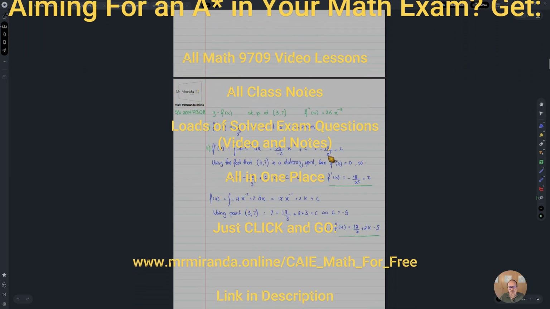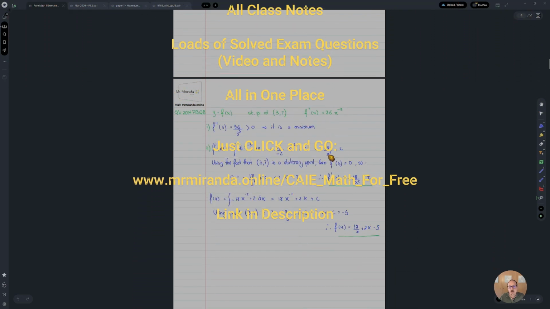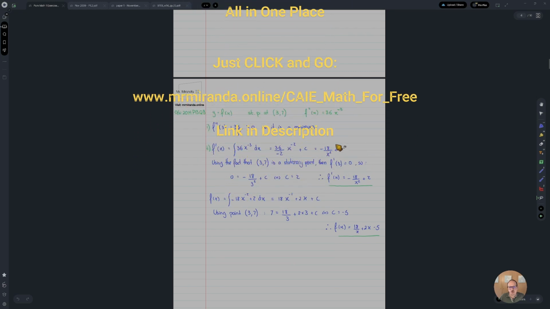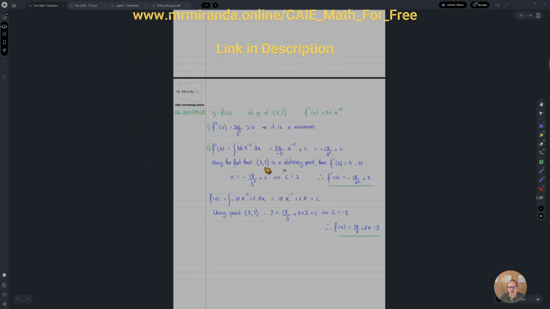This means that the outcome of this expression after substituting x by 3 is a gradient of 0. Stationary point means points where the gradients are 0. Okay, so I have here 0 for dy by dx.